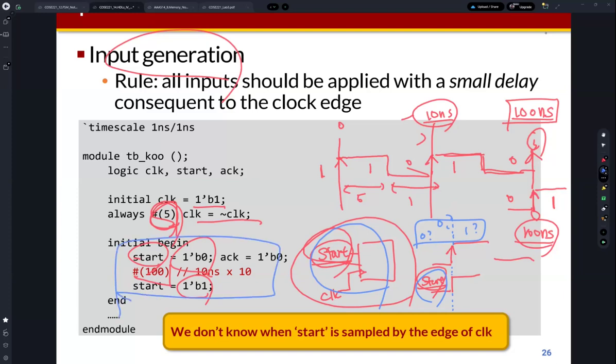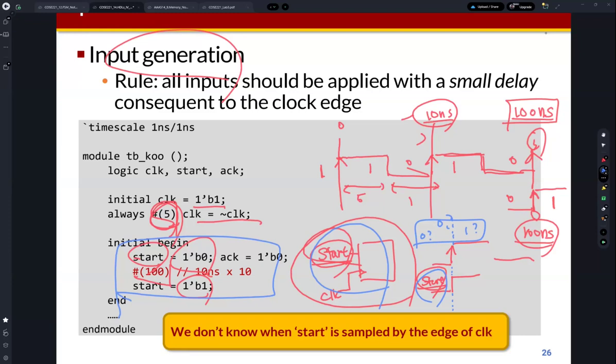Why do we design a test bench? We design a test bench to verify our design. Which means the test bench needs to define a deterministic environment.